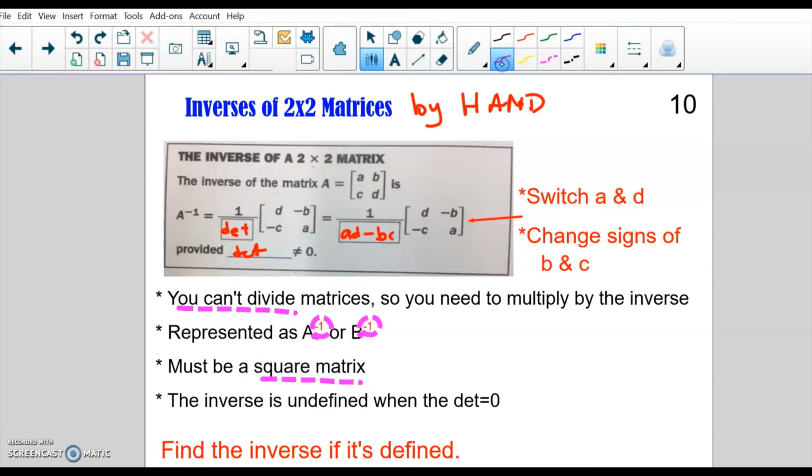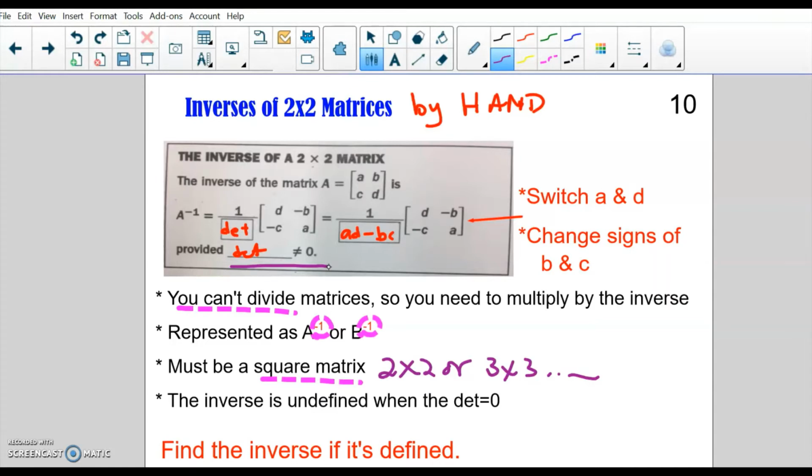So it would have to be a 2 by 2 or a 3 by 3, etc. The inverse is undefined when the determinant is 0. So up here, where I said the determinant cannot be 0, in the event that you have a determinant that is 0, your answer would be not possible. So the inverse is undefined when the determinant is 0.